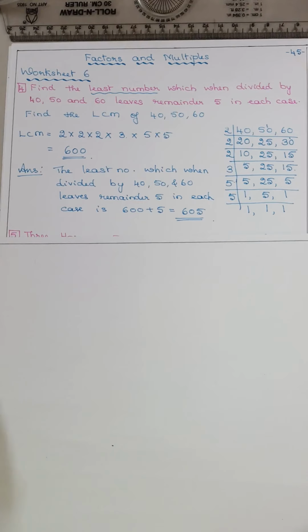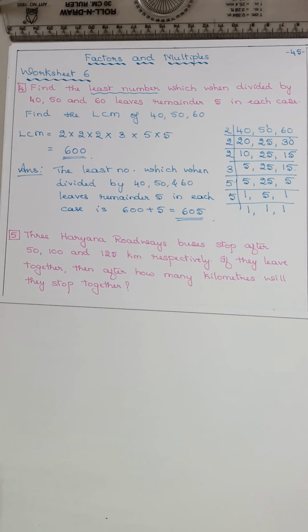So 605 is the answer. So what we have to do? First find out the LCM, then add the remainder.